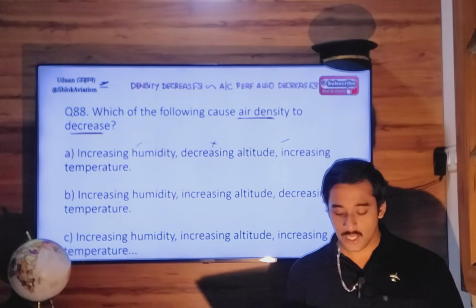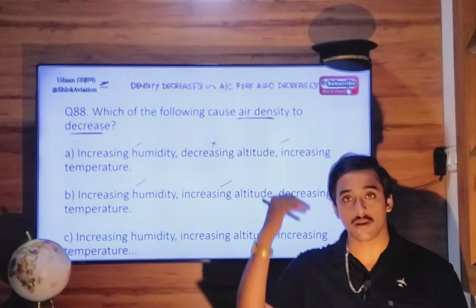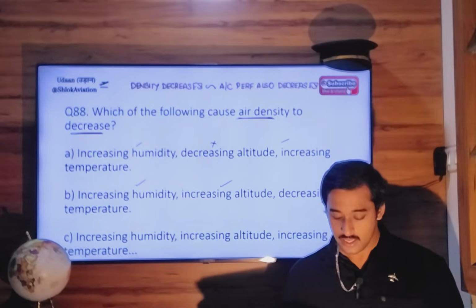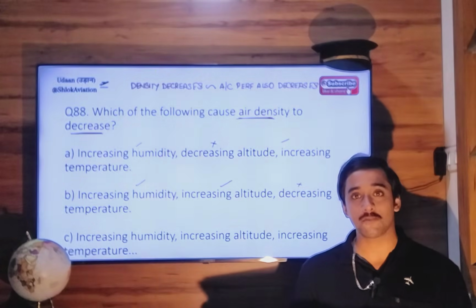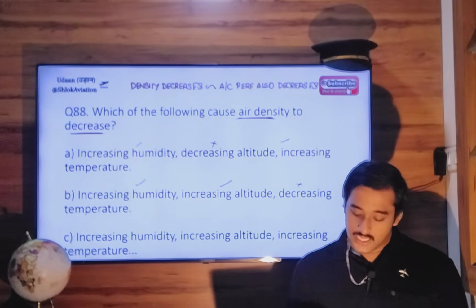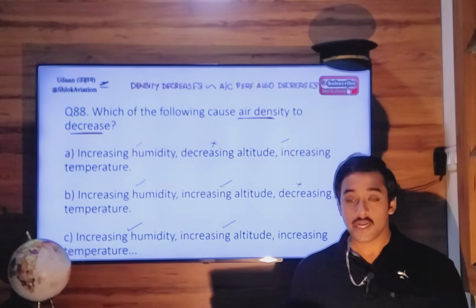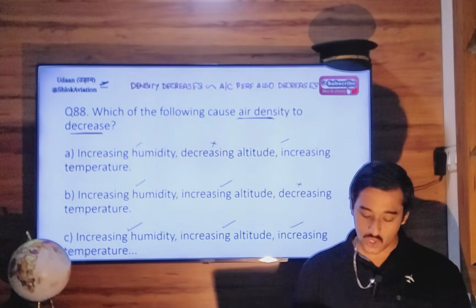Next, increasing humidity, okay. Increasing altitude, yes, when you go to higher altitudes, atmospheric pressure decreases. Decreasing temperature is wrong. Decreasing temperature means cold temperatures. Cold temperatures increase the density of air. Increasing humidity, okay. Increasing altitude, yes. Increasing temperature, that is also right. So correct answer is option Charlie.